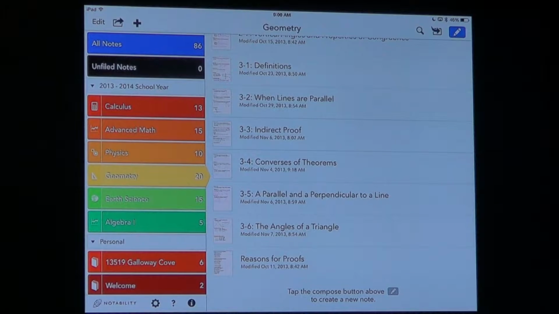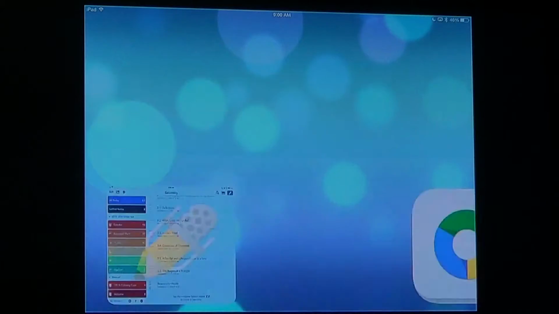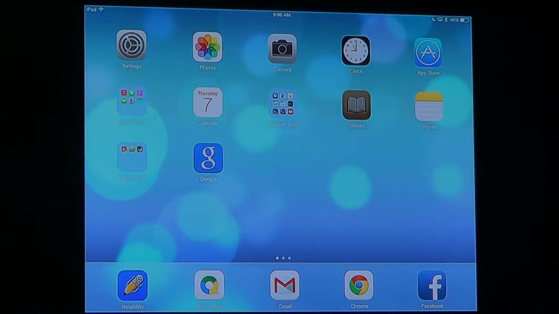So who can explain to us why the acceleration is the same for E and F? Anyone? Olivia?